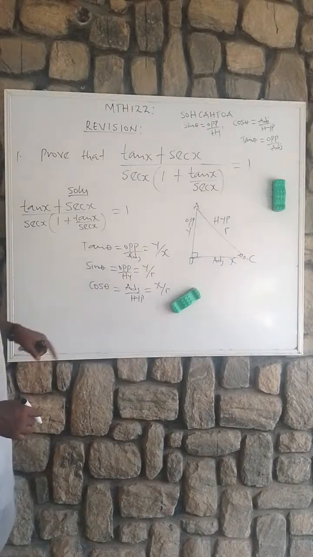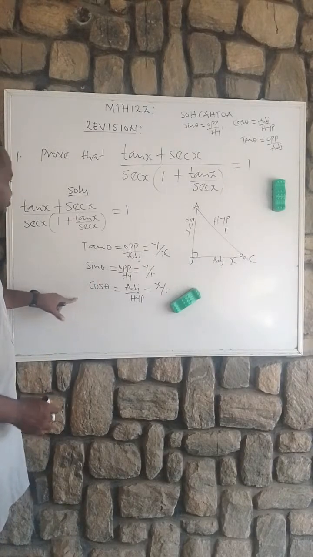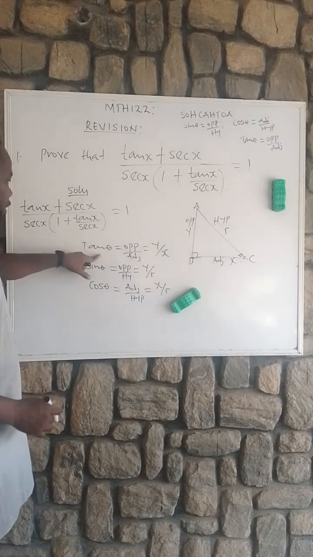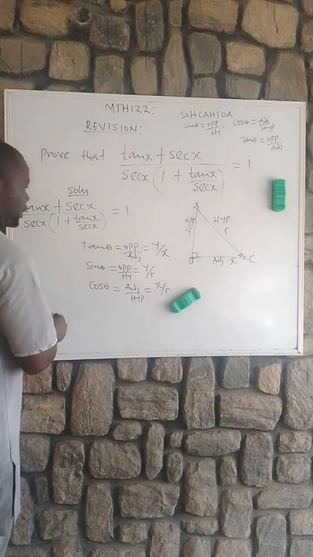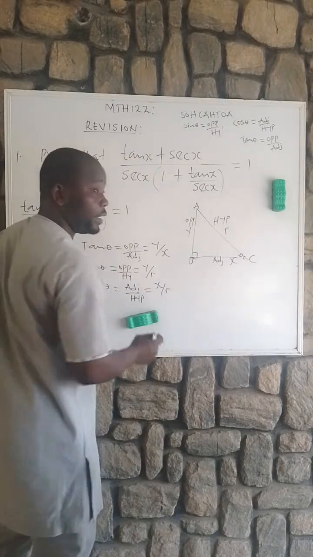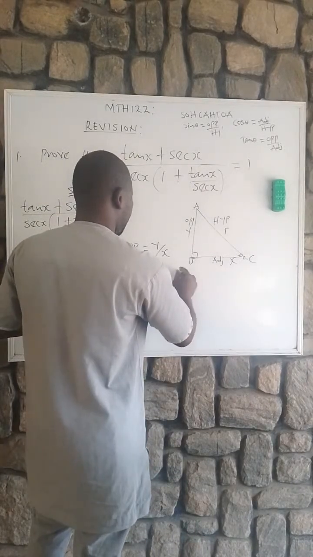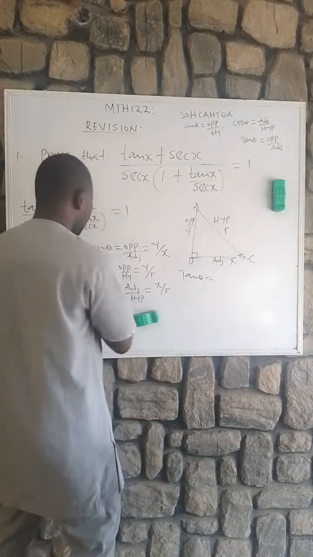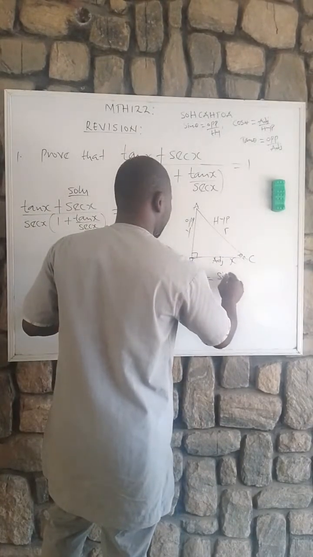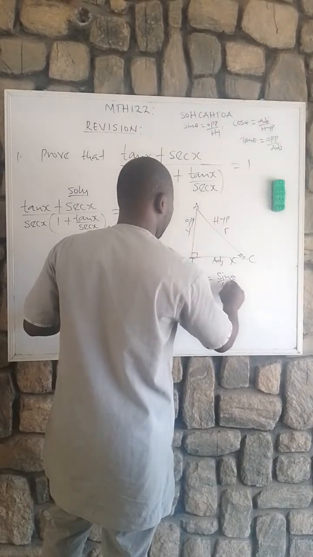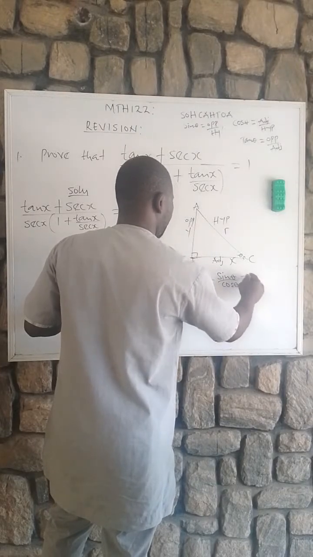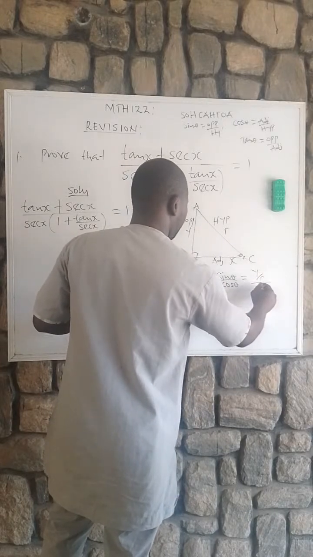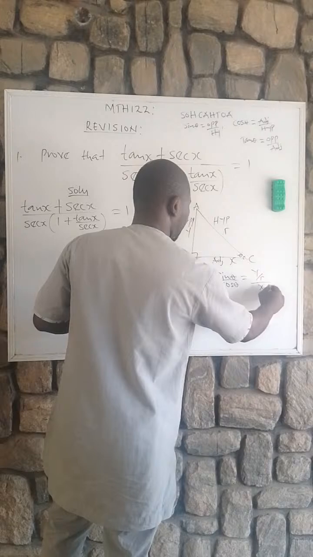So this means that tan theta is the same thing as sin theta all over cos theta. True or false? Which is equals to y all over r all over x all over r.